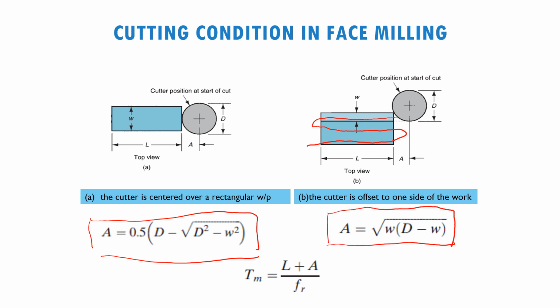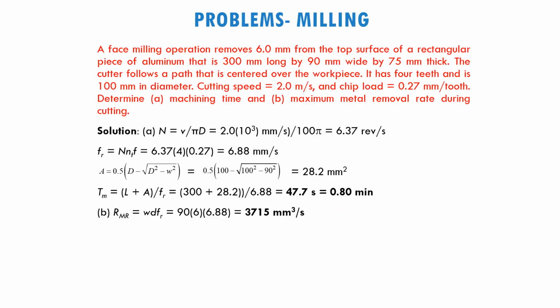W is how much each part is, let's say, the tool passes in one cutting movement. Then after calculating the A value, you can calculate the machining time by using this equation. Here is the problem for milling, so you can try also.